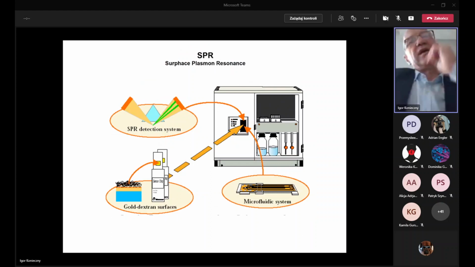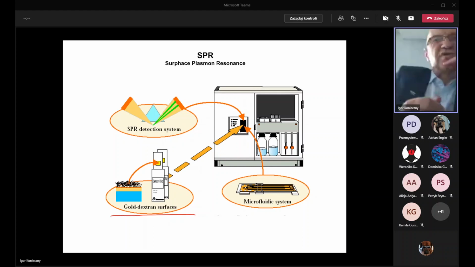This is very sophisticated. It uses specific sensors. We have a gold dextran surface: the glass, the blue thing, then a gold layer, and on this gold layer there is a dextran surface where you can attach DNA or proteins and then look at the interactions.